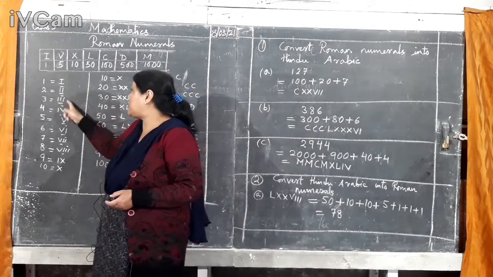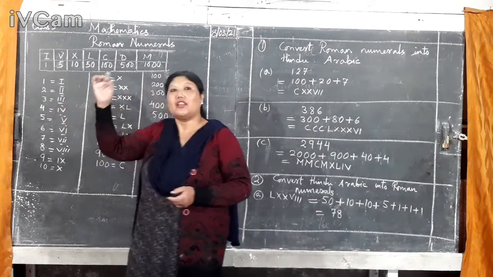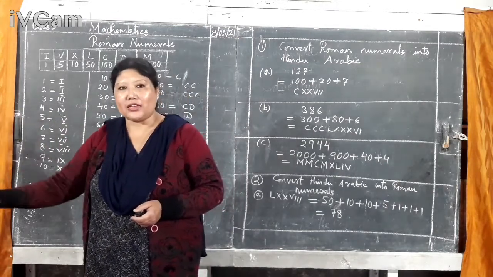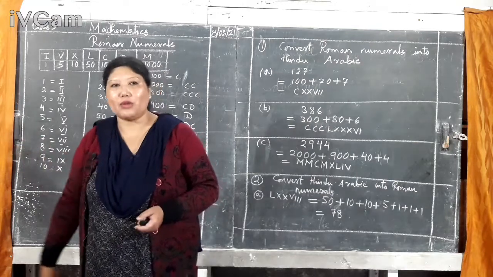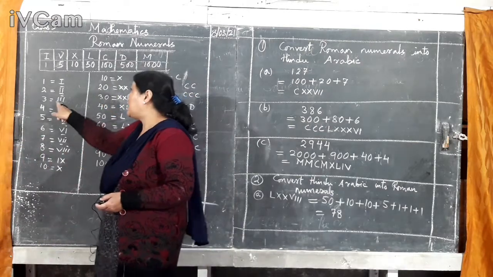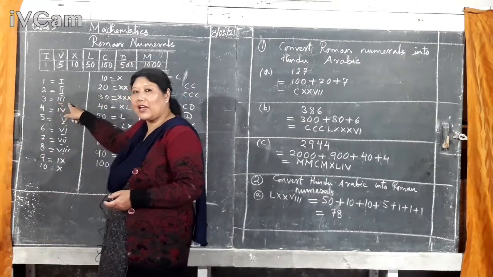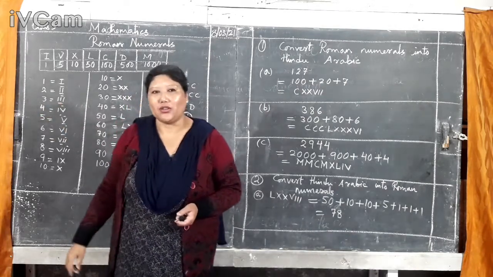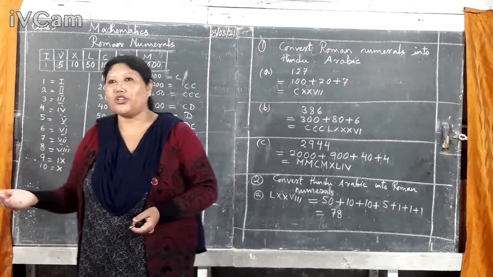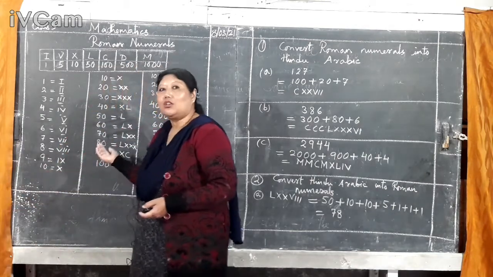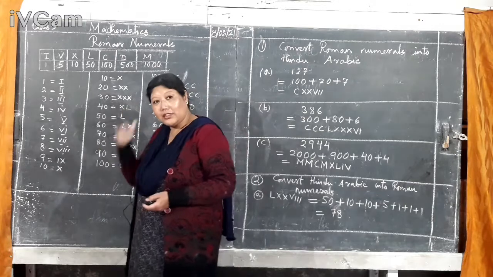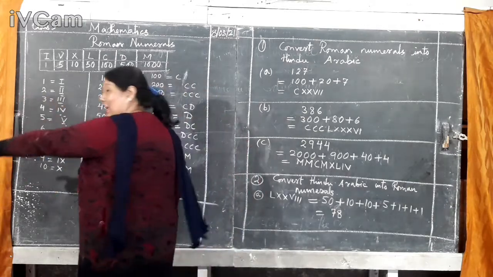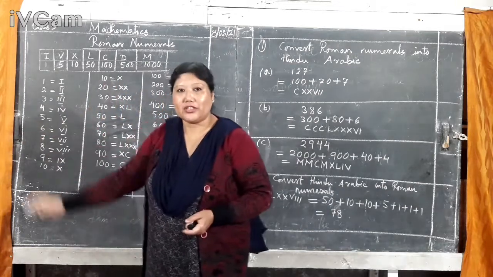If the number is repeated 3 times or 2 times, you have to add the same number according to how many times it has been written, like 3. This I has been repeated 3 times, so you will add 1 plus 1 plus 1, so it will be 3. And the second point was, if you write the smaller number on the left hand side, you have to subtract.